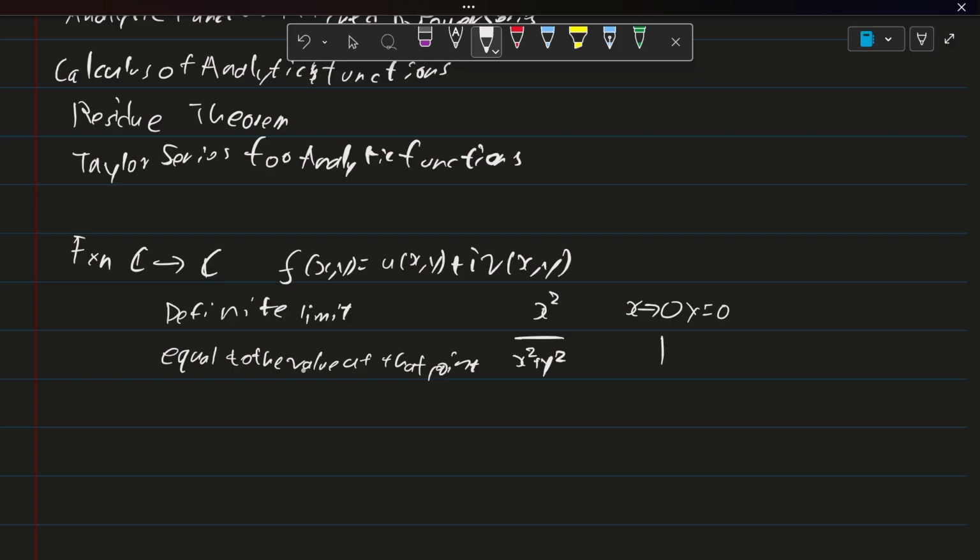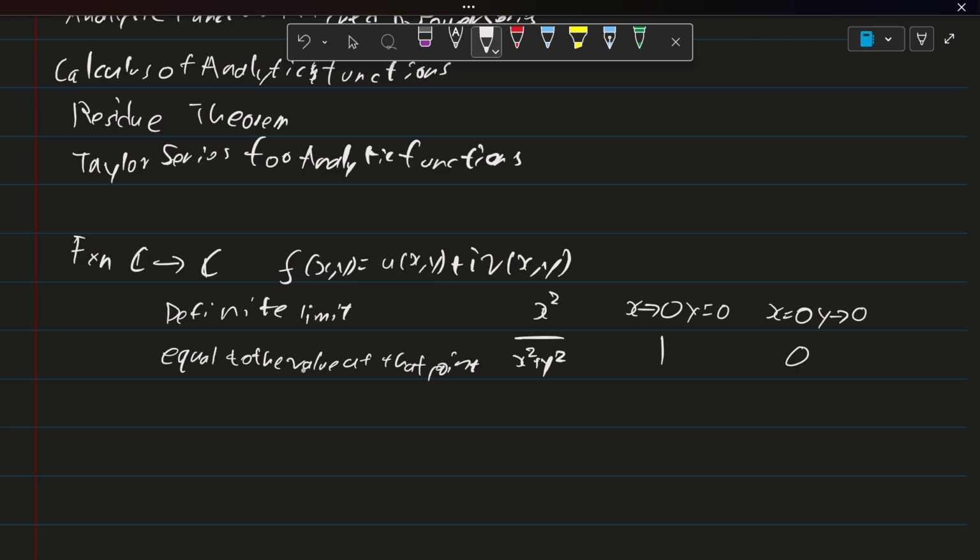But if you take x equals 0 and then y towards 0, what you would get here is 0. And you could do other different paths and it will give you different values. So this is what you call a non-continuous function. Well, this is still a real function anyways.